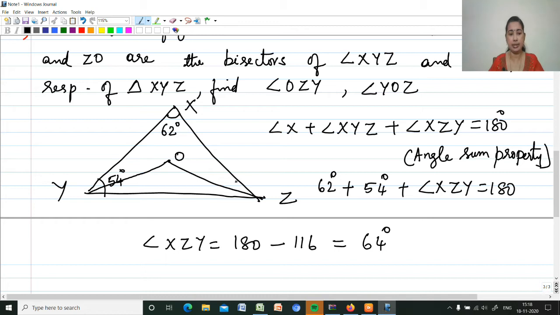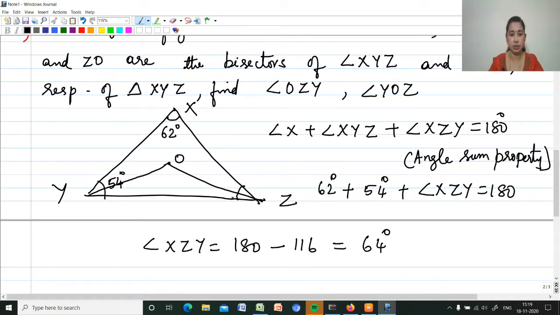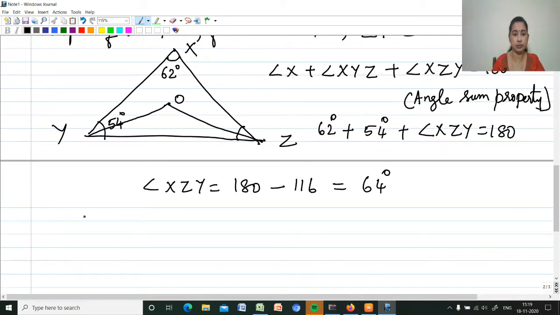So we got XZY, this total angle is 64 degrees, and it is given that YO and ZO are the bisectors. These two are the bisectors. This is a bisector, which means this 64 degree angle can be made into halves. So these two angles will be equal. So angle XYO, and we have to find angle OZY.